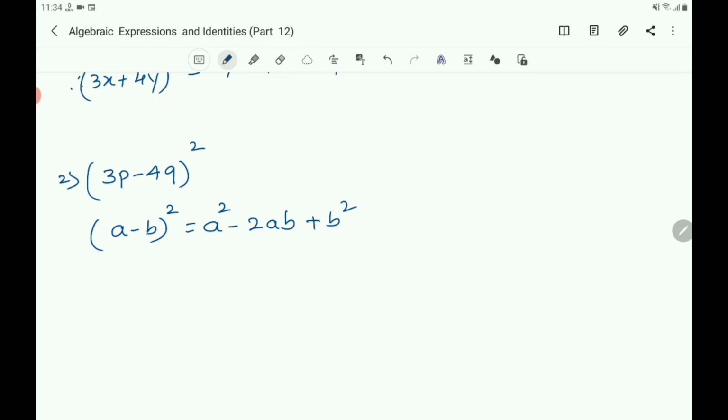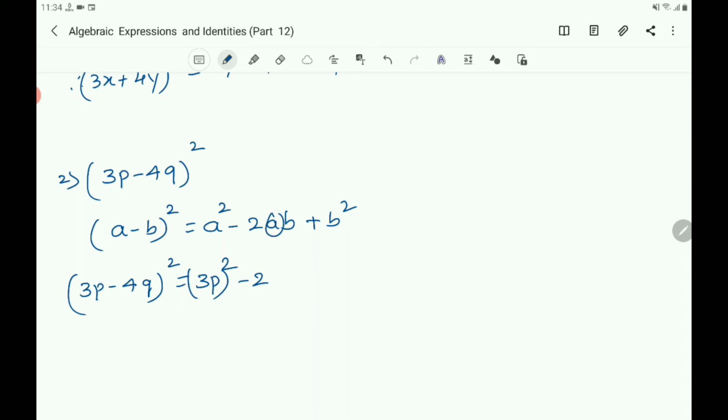A square minus 2ab plus b square. Then 3p minus 4q whole square equals a square means 3p whole square minus 2 you write 2 only.